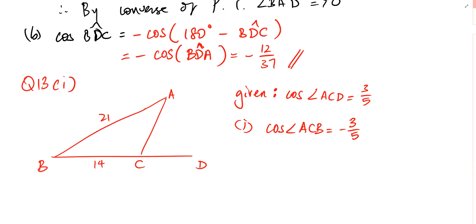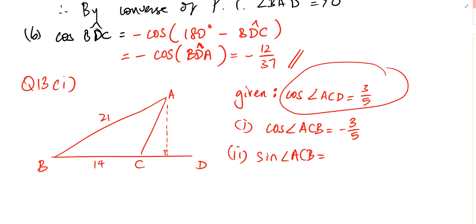Sine ACB. What I'm writing in black ink is not the length. I am writing the ratio of cosine, right? So this is adjacent to hypotenuse. So what I'm going to write down in black is just ratio. It is not the exact length.